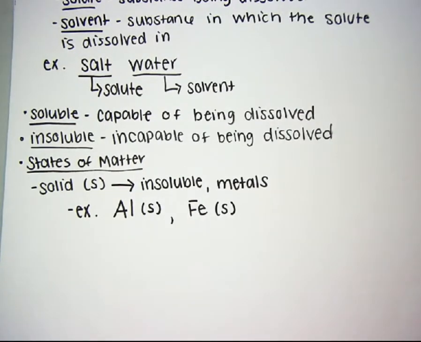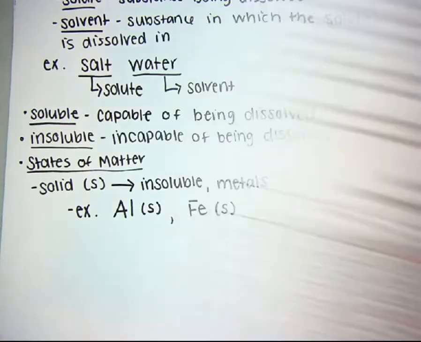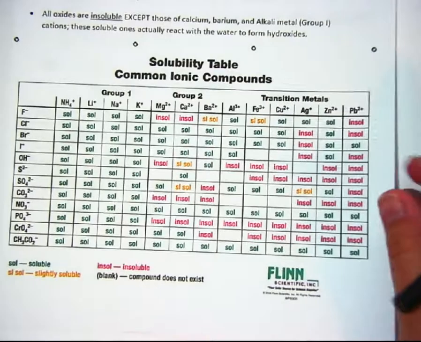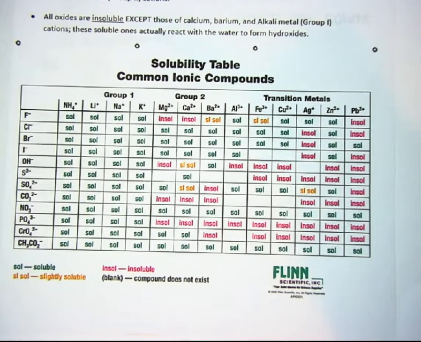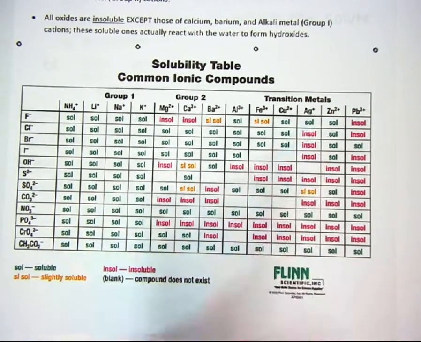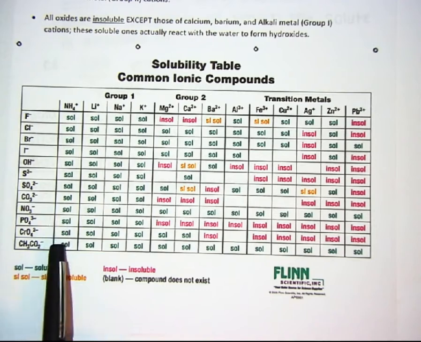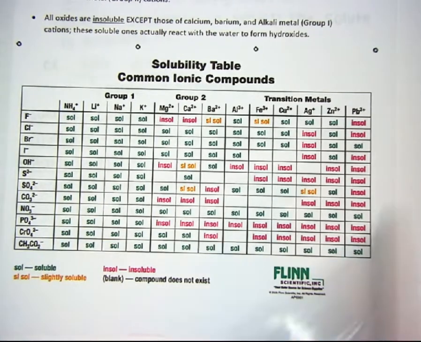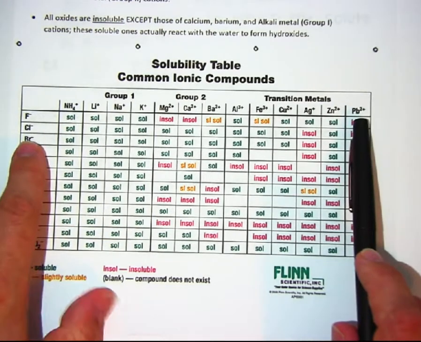You can also have ionic compounds that are insoluble, and that's where our solubility table comes into place. So across the top we have some cations, and down the bottom we have some anions. Let's say we had something like lead 2 chloride.